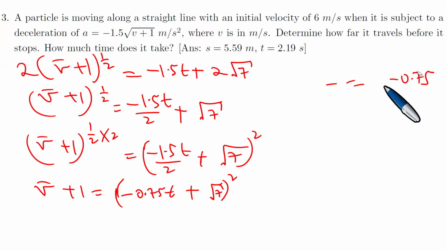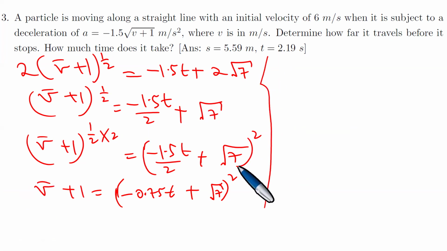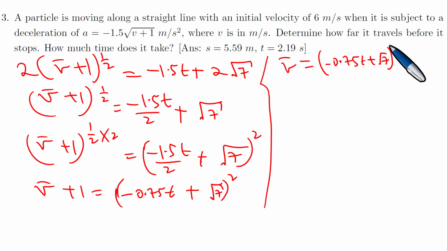There are times when we shall spend lots of time discussing these questions, going deep into trying to understand the mechanics of this, the kinematics part of this. It means, therefore, at this point, we are confident to say V is minus 0.75 T plus the square root of 7 squared minus 1. Take a look.